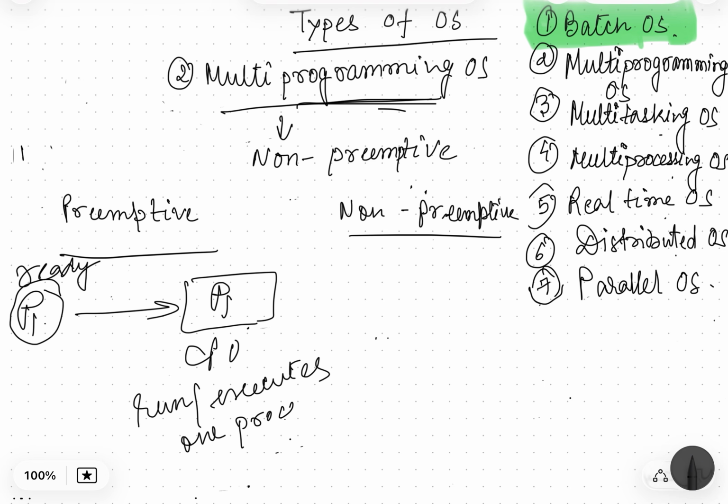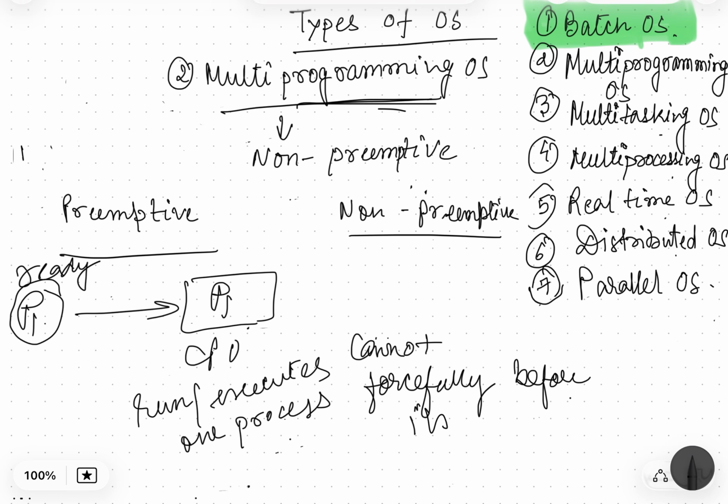Now, the CPU cannot remove this process forcefully before its termination. Remember, before its termination. Then it is known as non-preemption. If the process wants to execute some input-output operation, then it can go, because without executing that operation, the process cannot perform the next task.